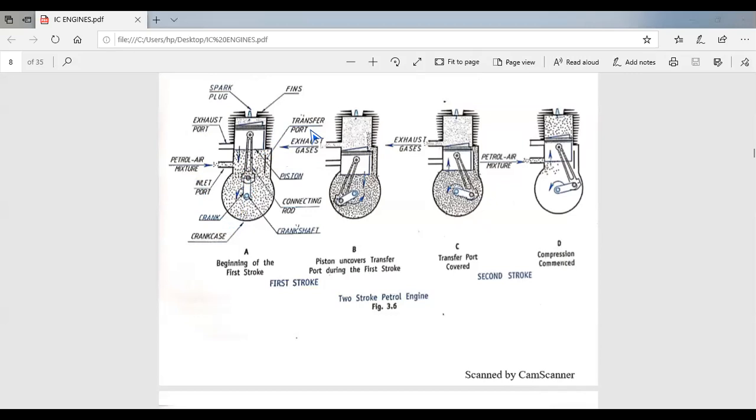The functions of the inlet port, exhaust port, and transfer port are very important. One complete cycle is completed in two movements of the piston, up and down, that is, from top dead center to bottom dead center. All of you observe here.